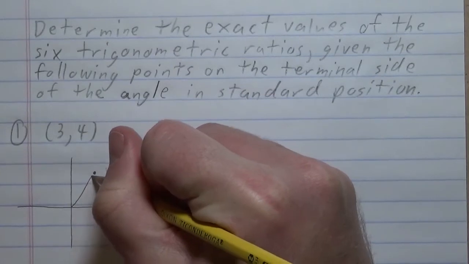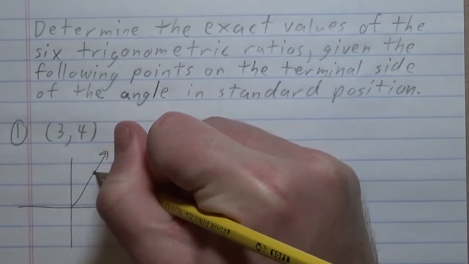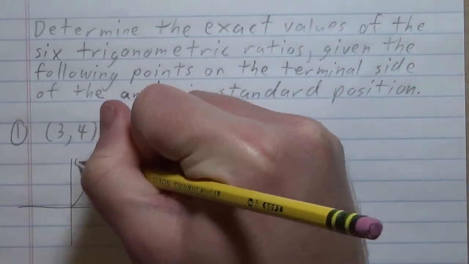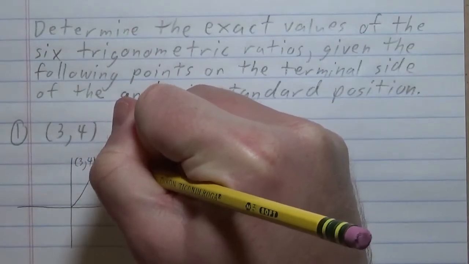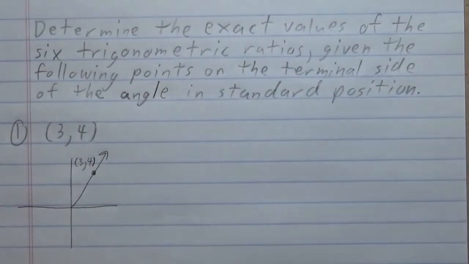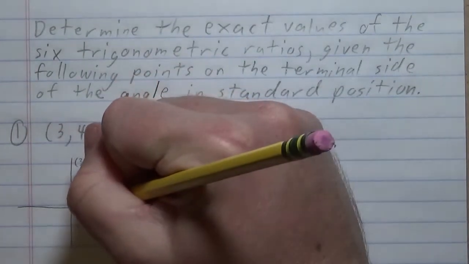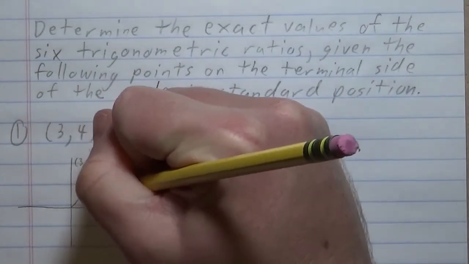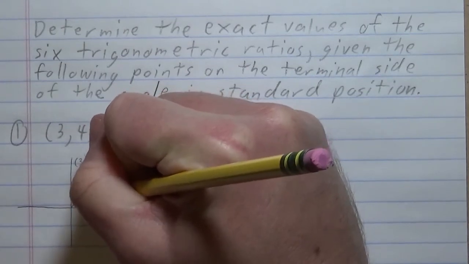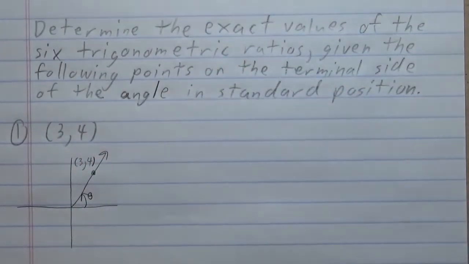And what we're going to do is draw a line through 3, 4, and draw a rotation, just like that. Now, the 6 trig ratios is what we need from this.